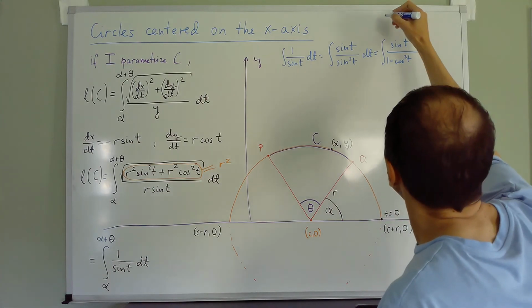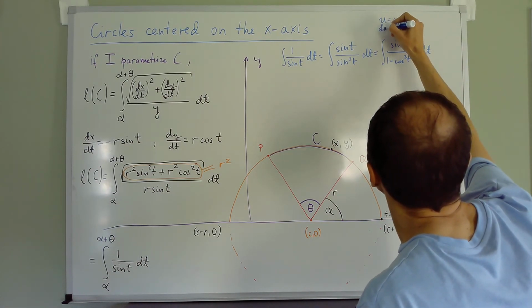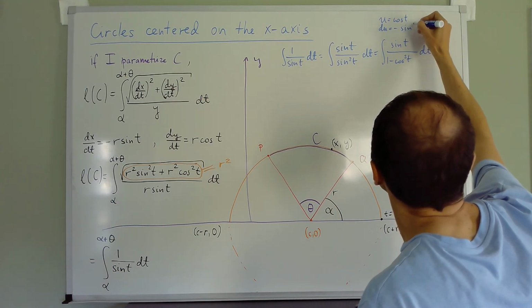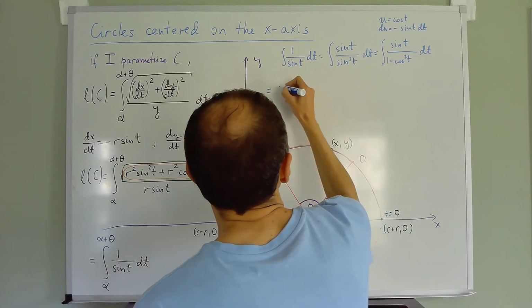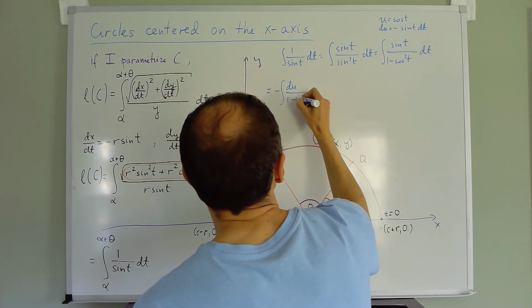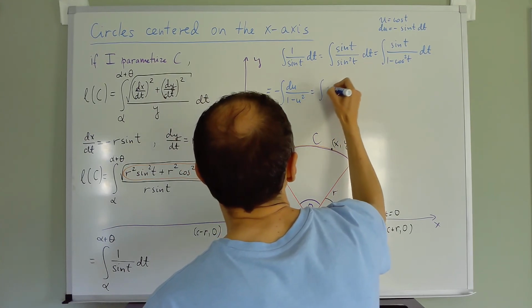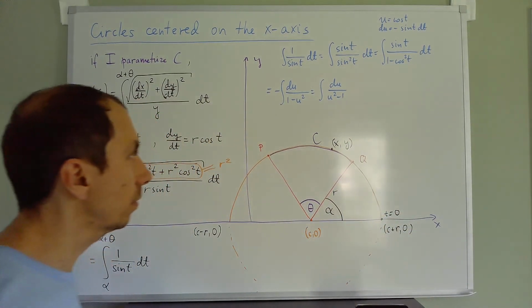Then I can use the substitution u equals cosine t, so du is equal to minus sine t dt. So I get minus the integral of du over 1 minus u squared, so it's the integral of du over u squared minus 1.